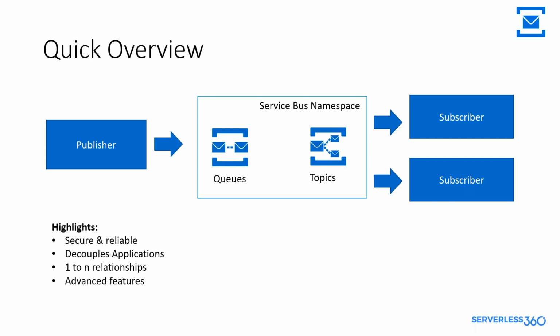And you can ensure ordering here, and you can build complex business applications by making use of the advanced features these Service Bus queues and topics have got, which is going to be the focus of this particular session. Let us look at some of the key capabilities of Azure Service Bus as we proceed further.